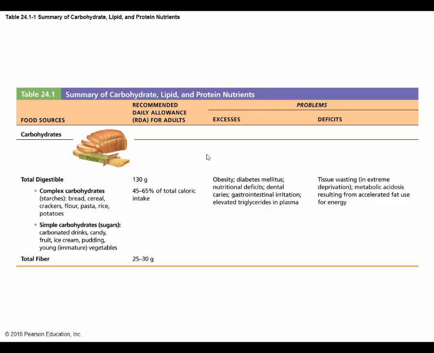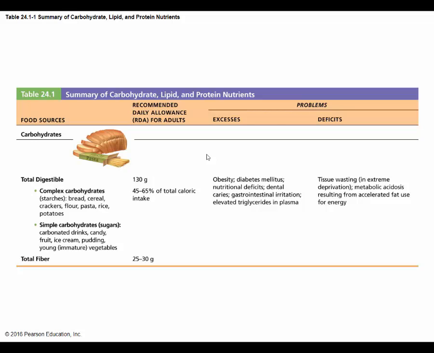So if a person wants to have a healthy blood sugar, let's say they have insulin resistance or they're getting close to being diabetic, they have pre-diabetes, they don't want to have excesses of carbohydrates, because on the left side you can see obesity, diabetes, cavities, intestinal irritation, high triglycerides if we have too many carbohydrates in our diet. So we really have to watch our balance of these nutrients. And then if you don't have enough, then obviously you're not going to have enough energy to fuel your processes, so the body burns fat.